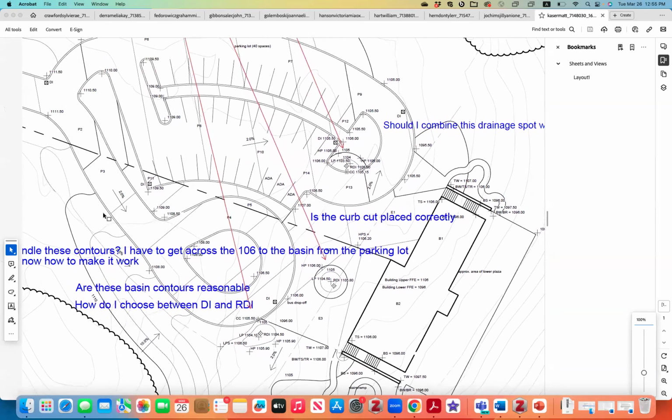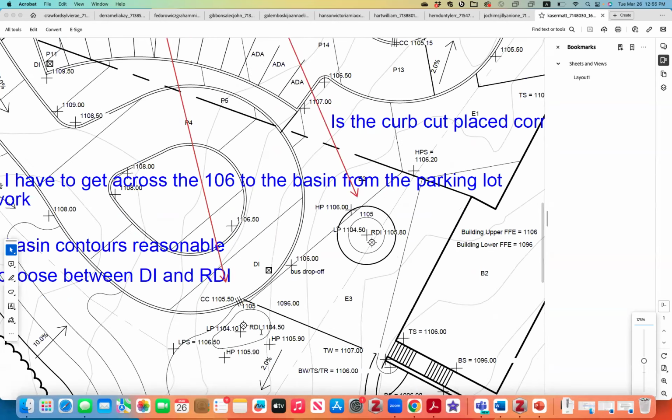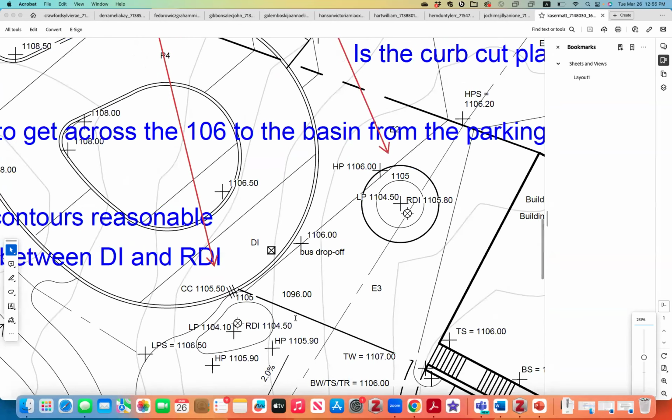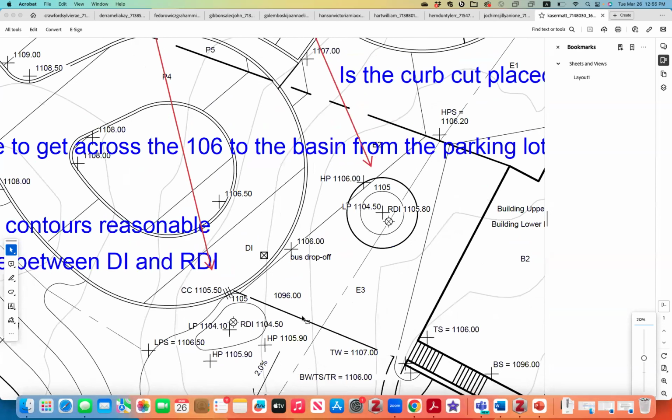Where's this third one? Oh, here, you have a third one there. Good. So I would do the same thing as previous submissions. I would have the DI. Well, I guess it's okay if we're not treating a little bit.